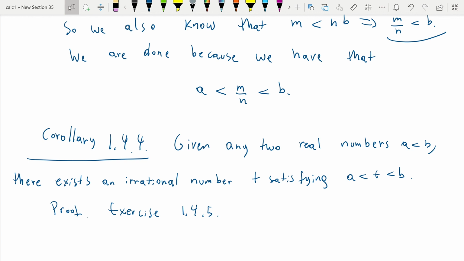Because there are three possibilities: either the supremum squared is less than 2, or it is greater than 2, and the only other possibility is that it is equal to 2. If supremum squared is less than 2, we'll see that in fact that number cannot even be an upper bound, so we were not actually dealing with a supremum to begin with. If it is strictly bigger than 2, then it's not going to be the least upper bound.